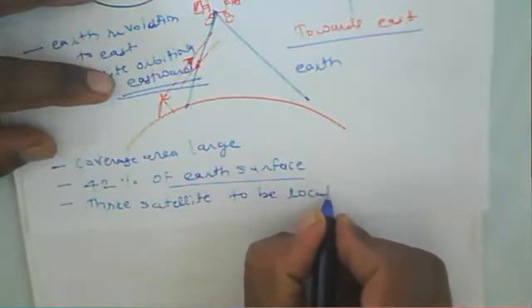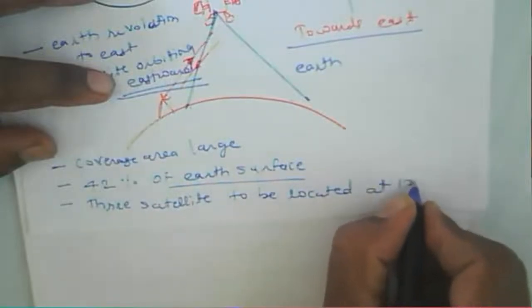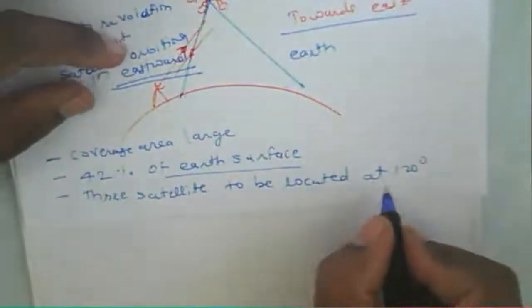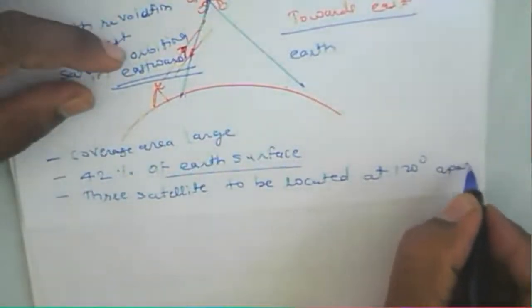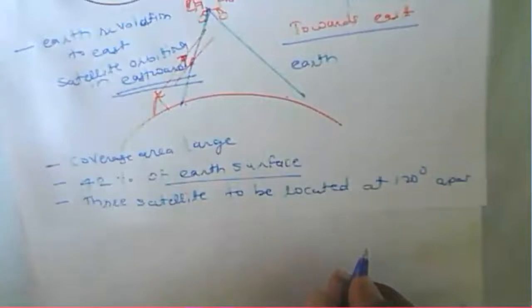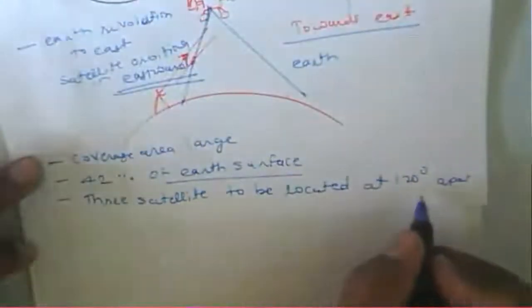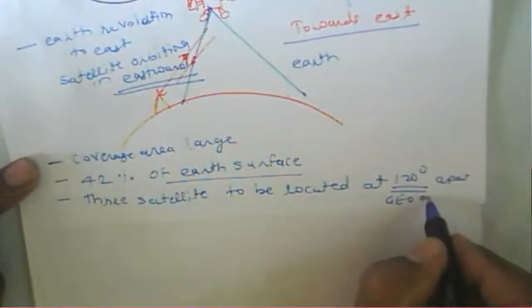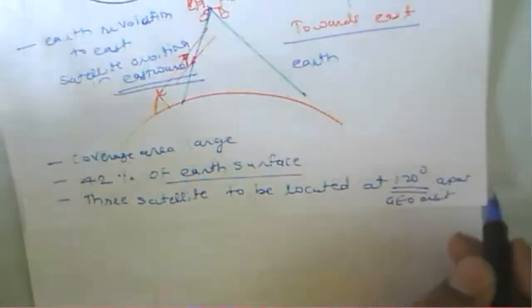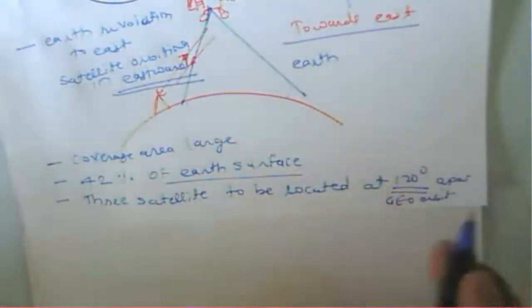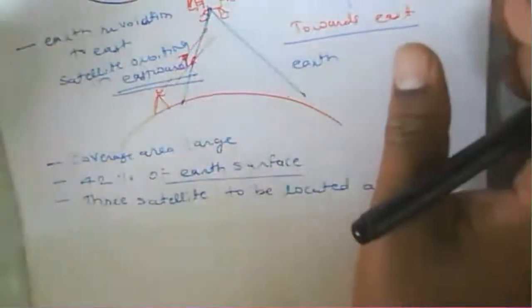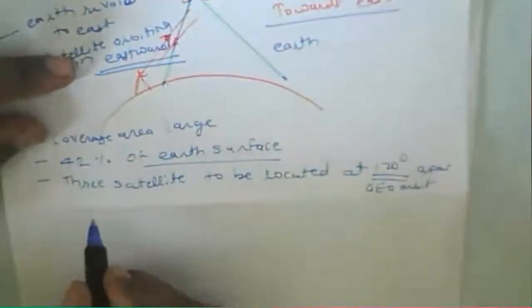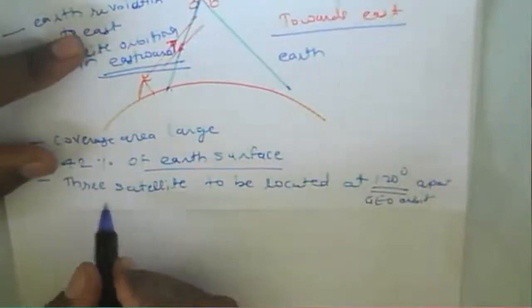These three satellites are to be located 120 degrees apart in the geo orbit, so that whole earth coverage is possible.